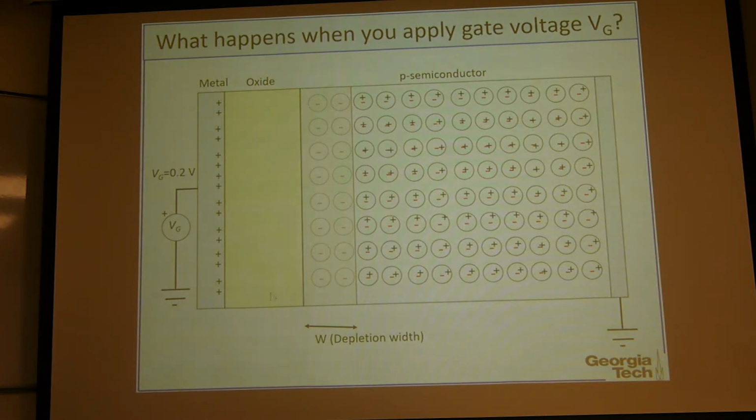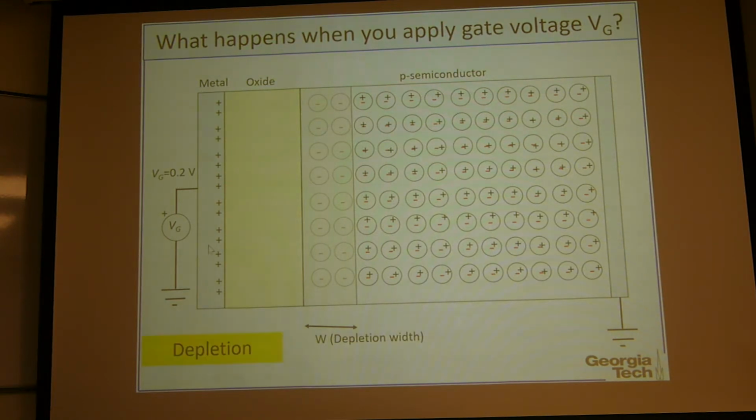So this is a capacitor, right? MOS, this is a capacitor. You know, capacitors, two plates, the charge needs to balance. If one plate has positive charge, the other plate will have the same amount of negative charge. That's the property of the capacitor.